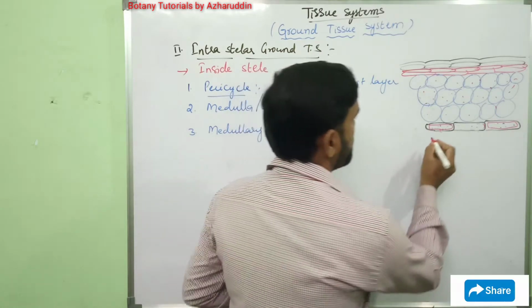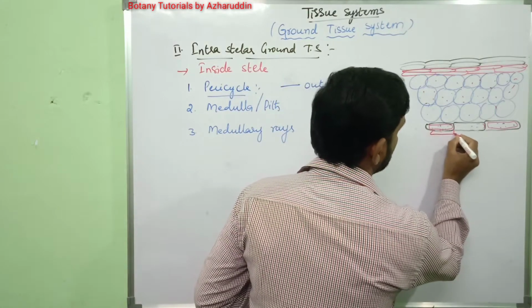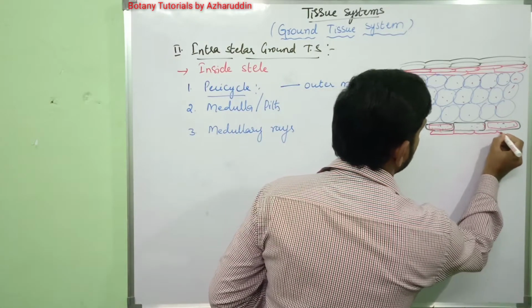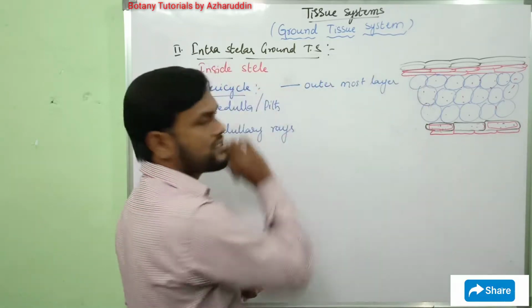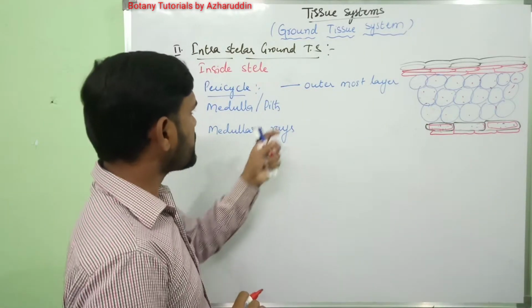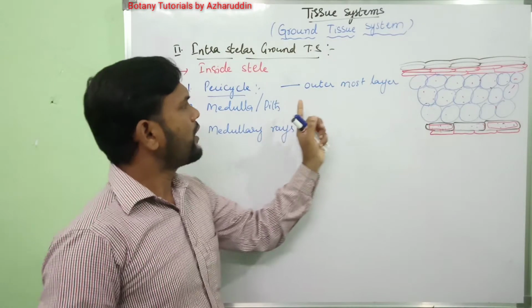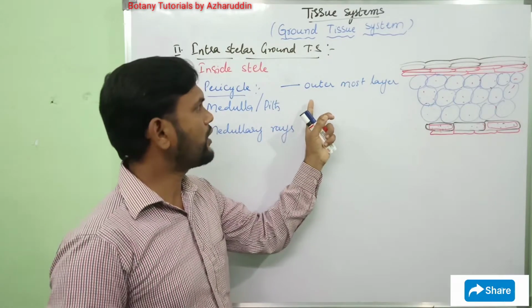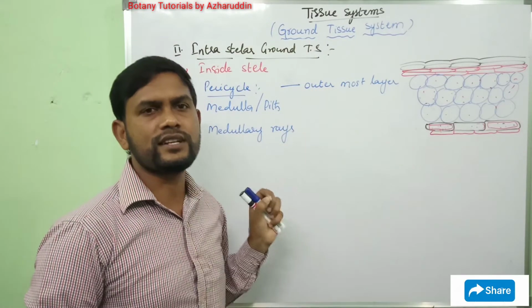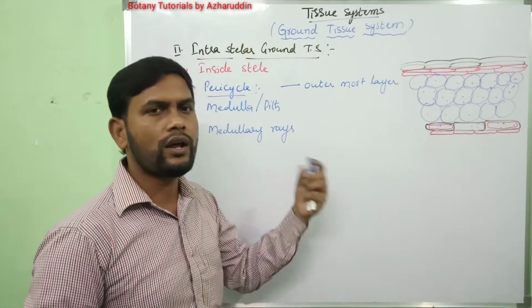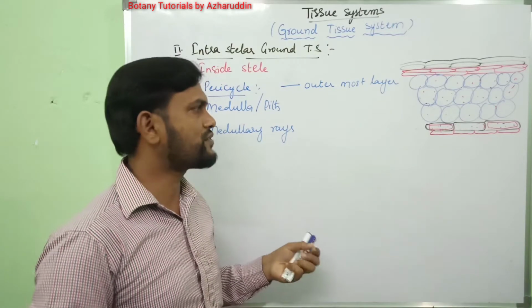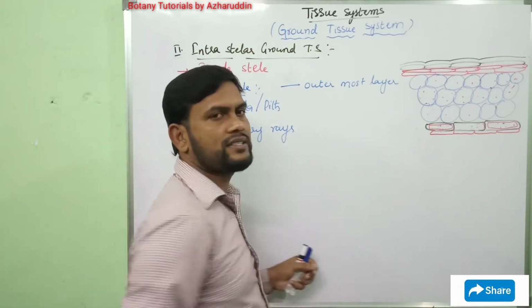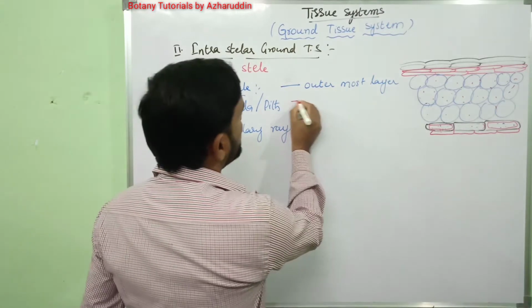This is pericycle. Generally, in roots, a single row of cells is present. A single row or more than one row of cells is present in the pericycle, which is parenchymatous.